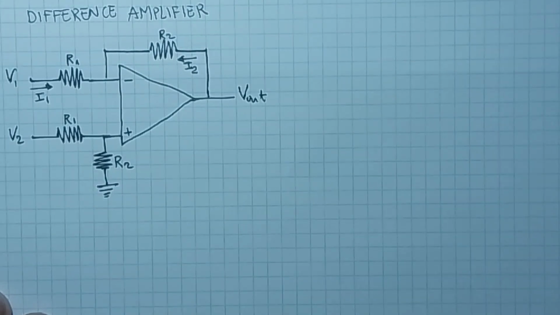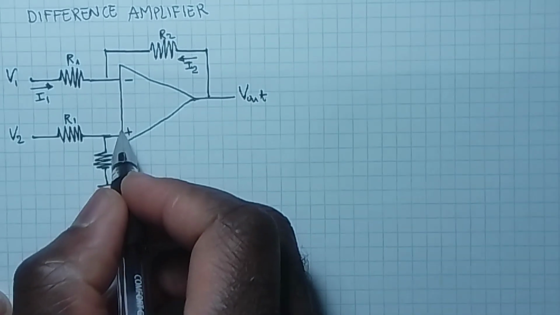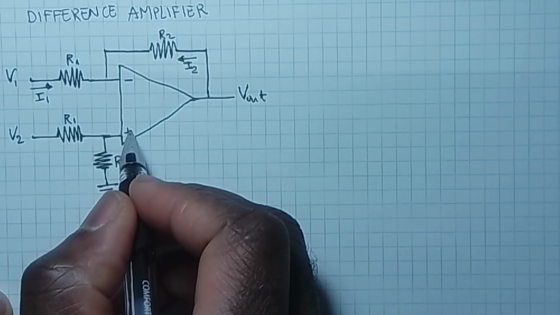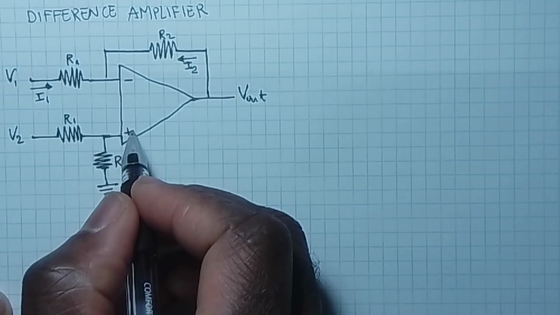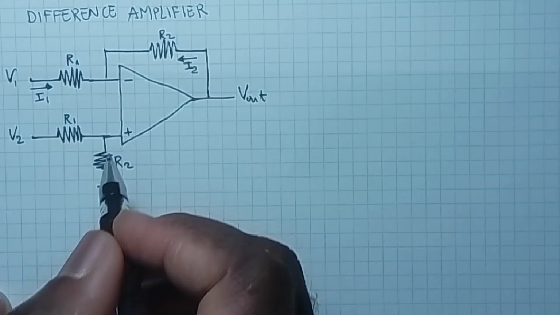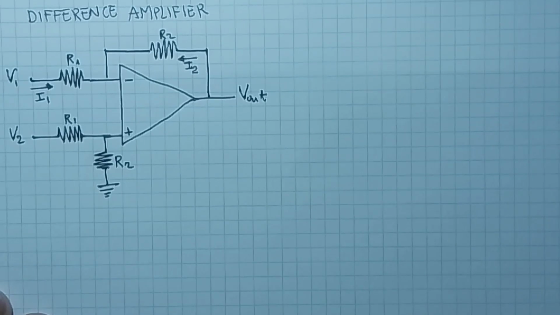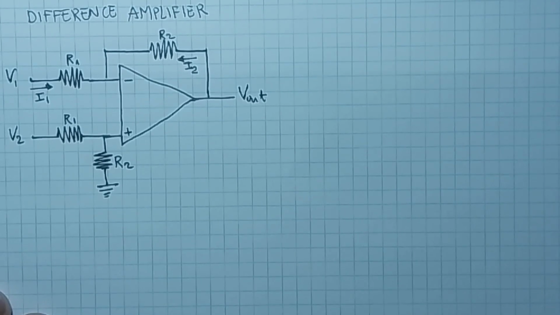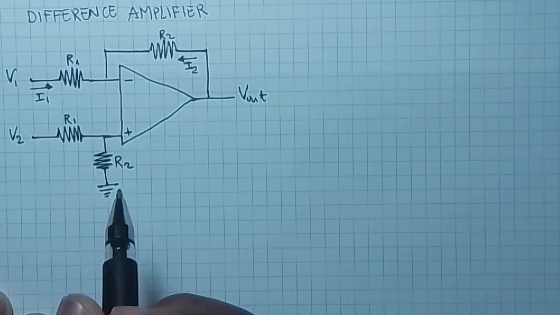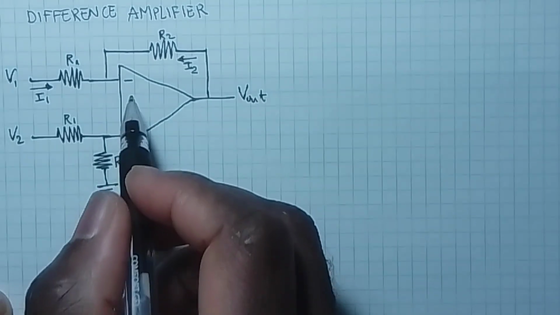First, we determine the voltage at the non-inverting terminal by using the voltage divider relation. Again, we assume that no current enters the input.